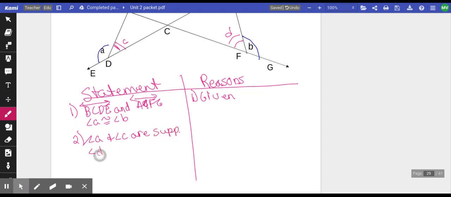And we know that angle D and angle B are supplementary. And our reason is linear pairs are supplementary.